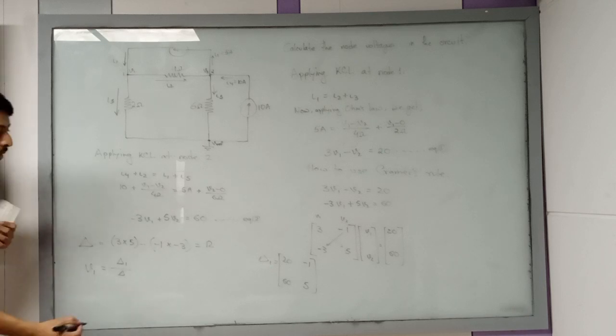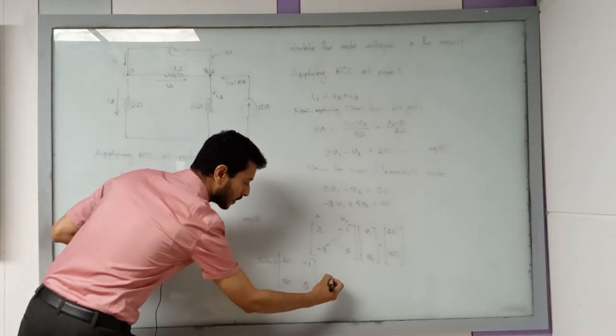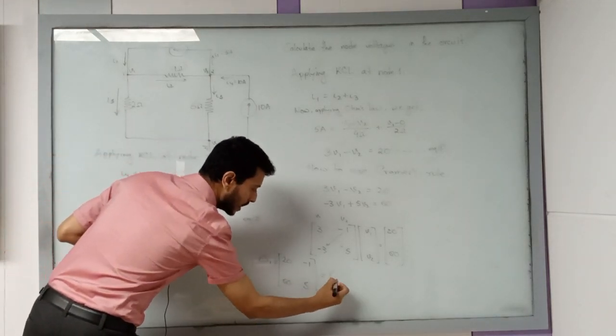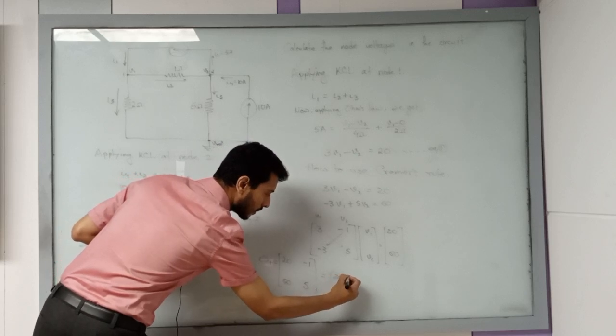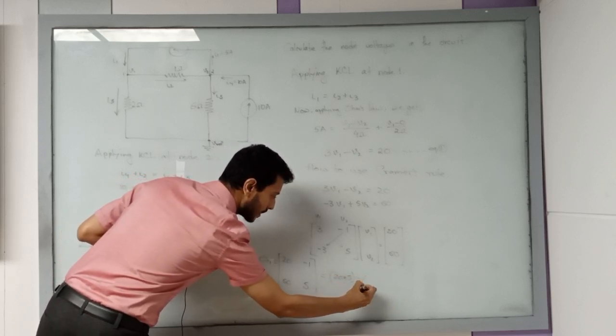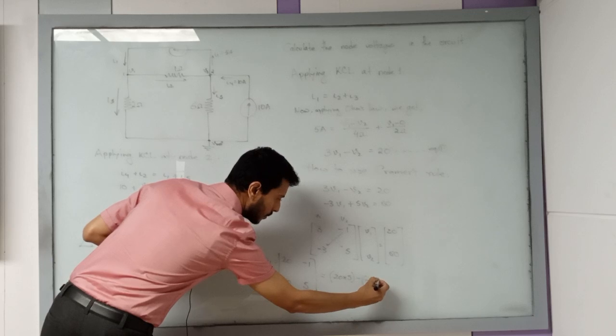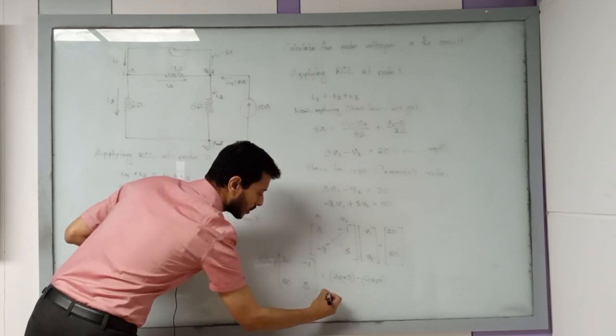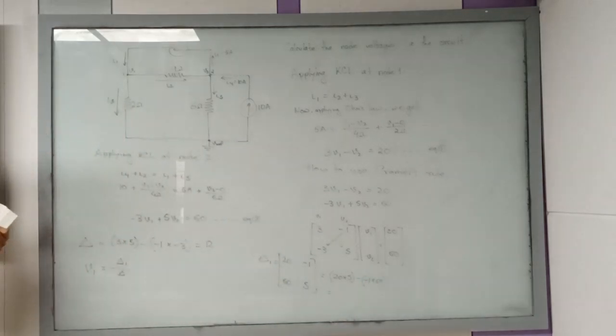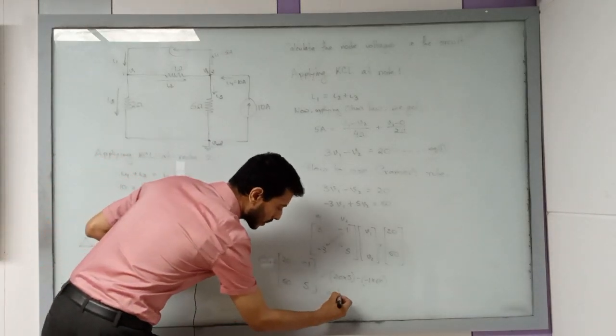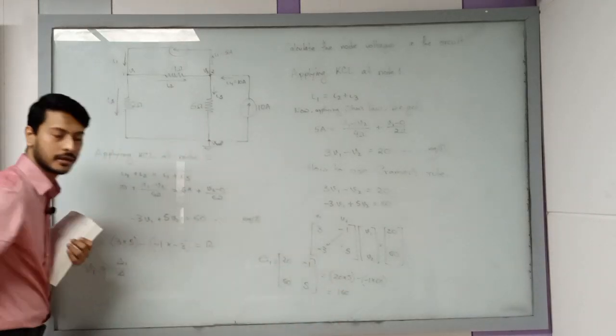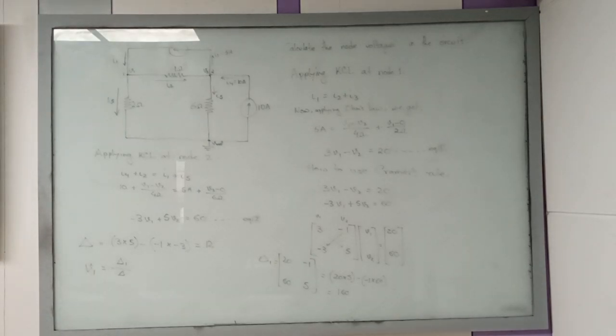বুঝতে পেরেছো? তাহলে del 1 কত আসে? 20 into 5 minus 1 into 60. কত আসে? 100 plus 60, 160. Right? 160 আসে.